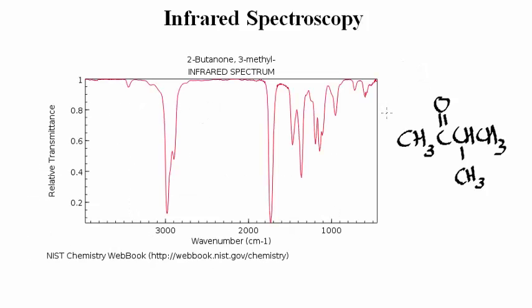The figure shown here is an infrared spectrum of 3-methyl-2-butanone. The structure is on the right-hand side. The horizontal axis at the bottom of the chart is calibrated in frequency, or wave numbers. The vertical axis, on the other hand, measures the transmittance, or the fraction of the light that is transmitted, with 100% or 1 at the top and 0% or 0 at the bottom.